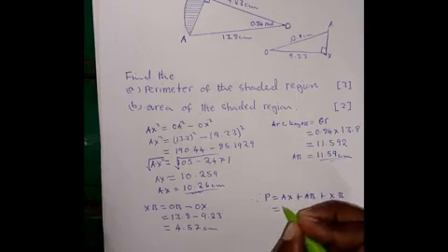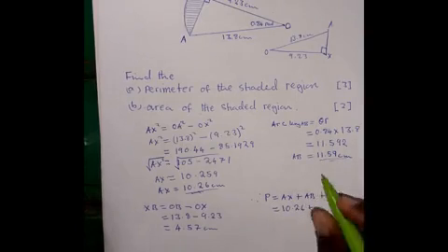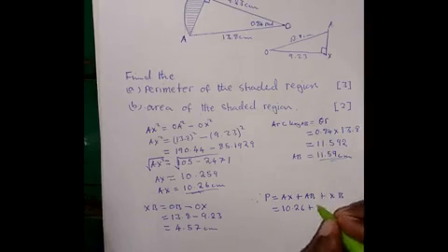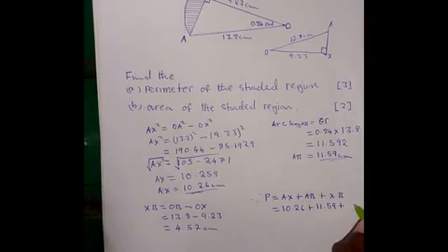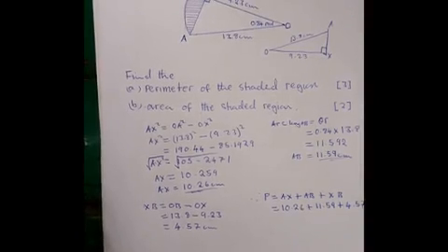So AX is 10.26, then plus 11.59, then plus 4.57. So once you do this, then you add.